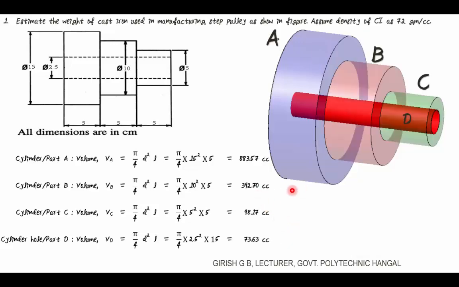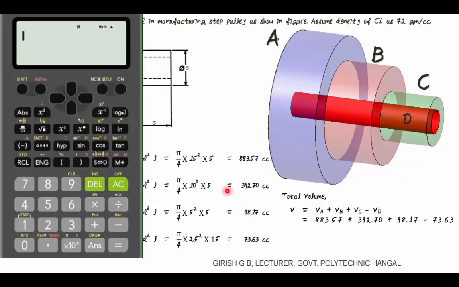The next step is to determine the total volume, which is the sum of VA plus VB plus VC minus VD. Let's call the total volume capital V. Substituting the values: VA 883.57, VB 392.70, VC 98.17, VD 73.63.